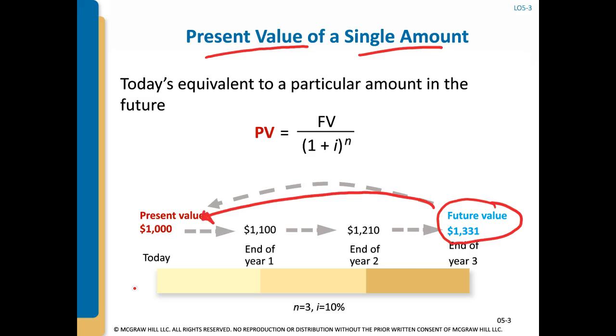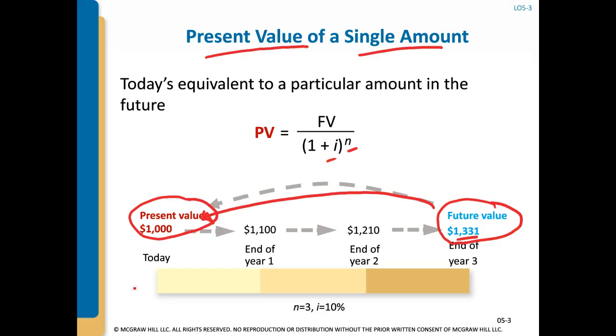So this would be, if I want to have $1,331 in 3 years, assuming a 10% rate of return, how much do I need to invest today? You're given this amount, the number of compounding periods and the interest, and you have to calculate the present value. This is the formula for that.